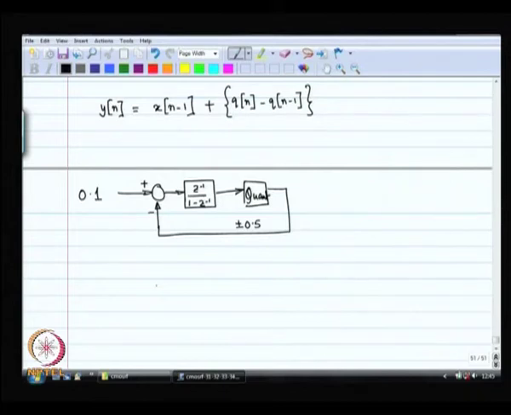So, let us do this system. Let us say that the initial quantizer output is plus 0.5, all right. And let us say that initially what I have got over here is 0.5, that is the initial value at the input of the quantizer.